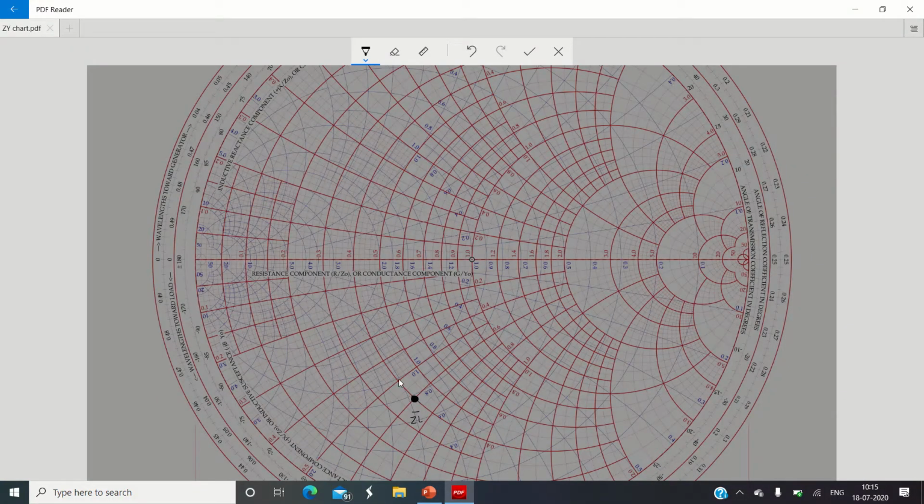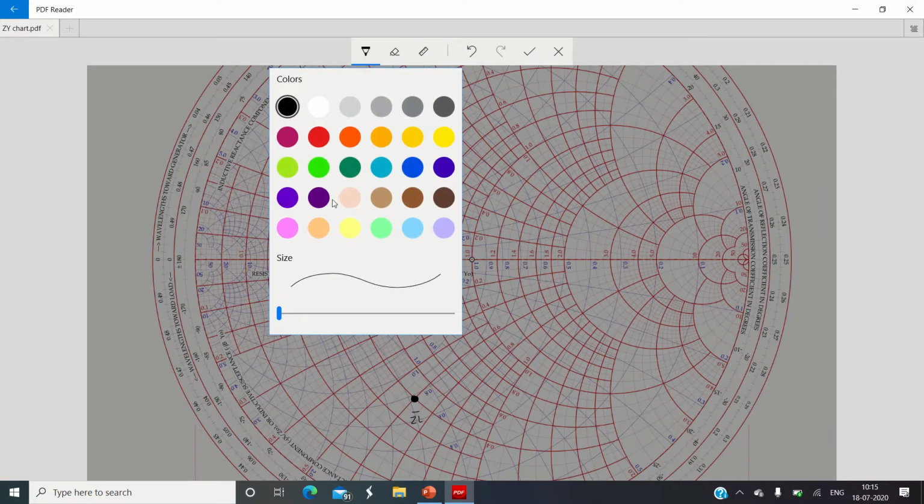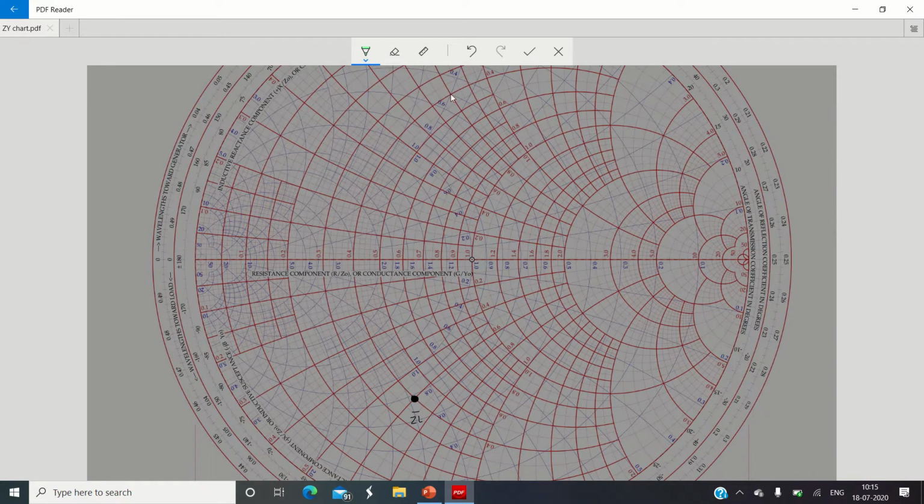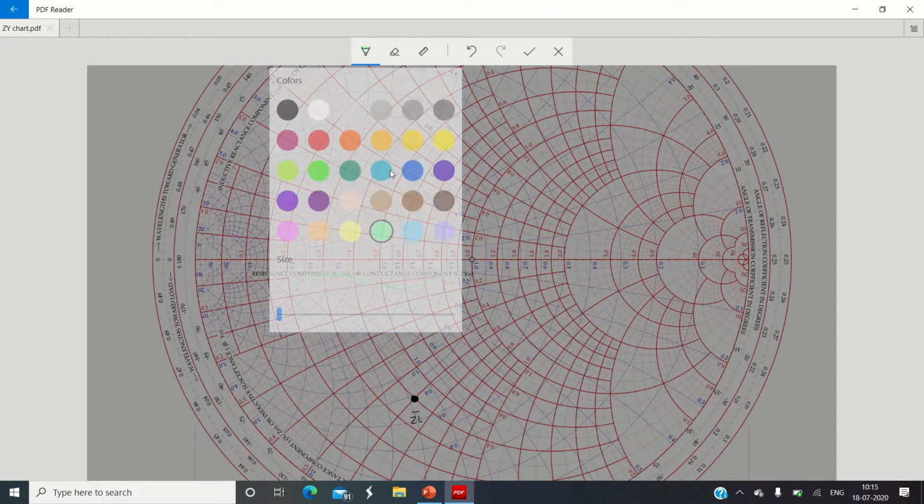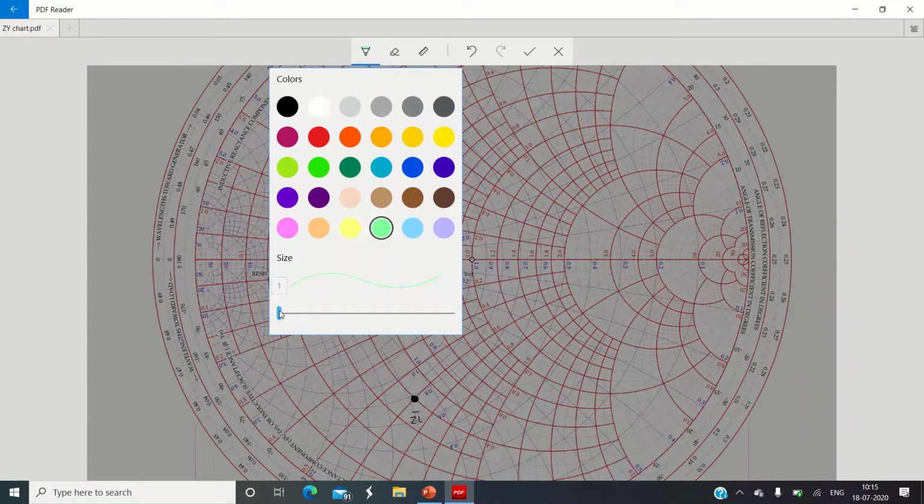This constant resistance circle is the resistance circle of 0.4, please remember. What I will do is first trace a constant resistance circle entirely and then show you. I will select this green color in order to draw the constant resistance circle, and increase the weight to 4.